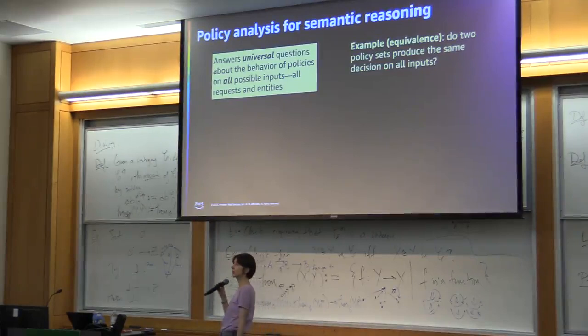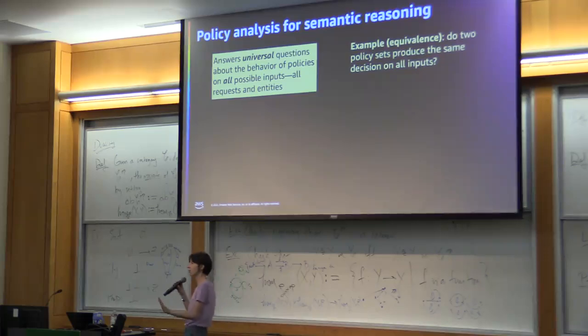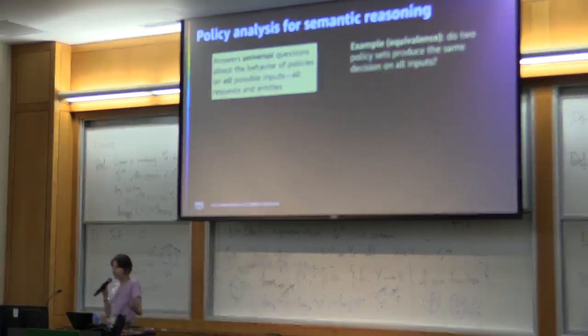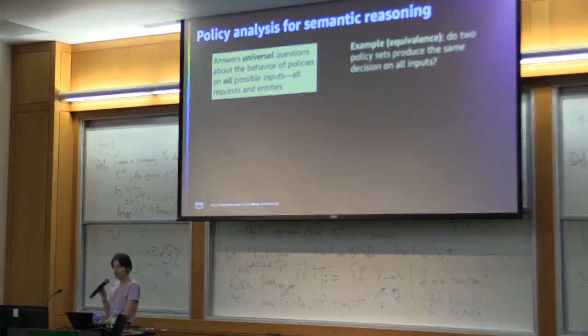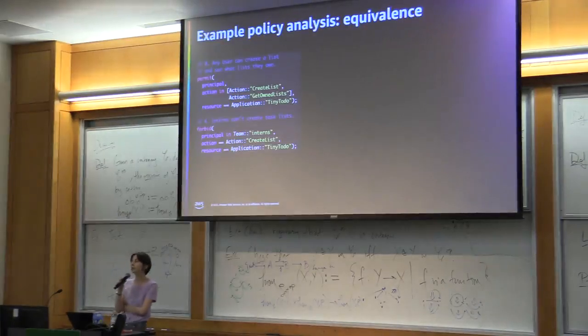And this is super useful if you're doing policy refactoring, right? You really want to make sure that your refactoring didn't mess anything up and you preserve equivalence. You were happy with the old one, it was just ugly. You refactored a little bit, you want to make sure that you didn't change the semantics, you didn't change the behavior. So here's an example of a refactoring.